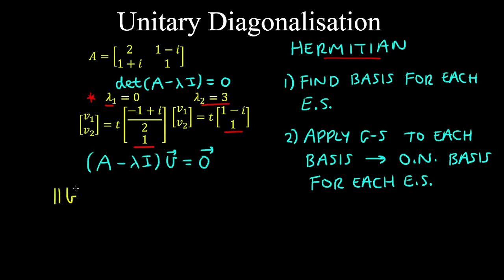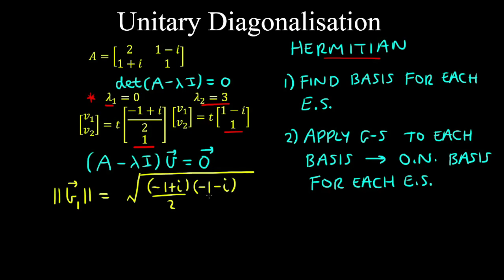So taking the norm of the first basis vector, we get the square root of the squared modulus of each component. Or we can take the square root of the inner product of the vector with itself. So we have minus 1 plus i on 2 by the complex conjugate of minus 1 plus i on 2, and plus 1 by the complex conjugate of 1.